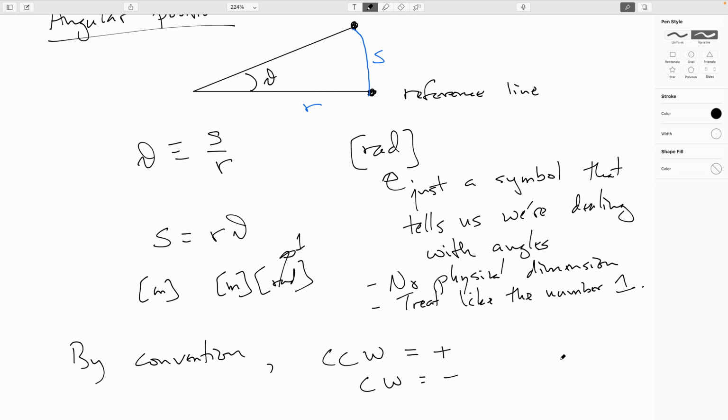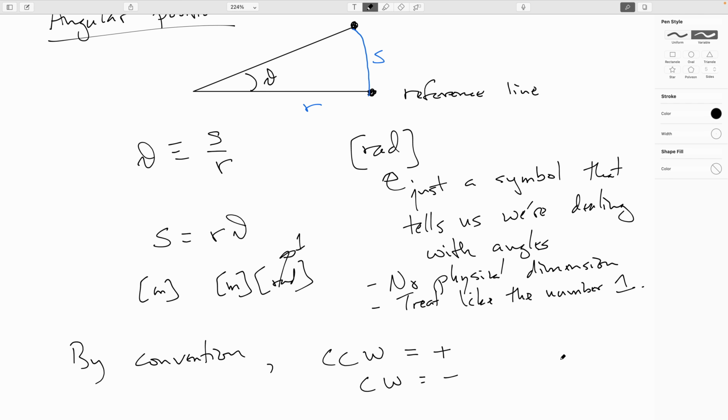That may seem a little counterintuitive. The reasons are more historic than anything. Basically, this choice comes from the fact that if you look at the Earth's rotation from above its north pole, the Earth rotates counterclockwise. So to give the Earth a positive angular velocity, we say that counterclockwise rotation is positive.